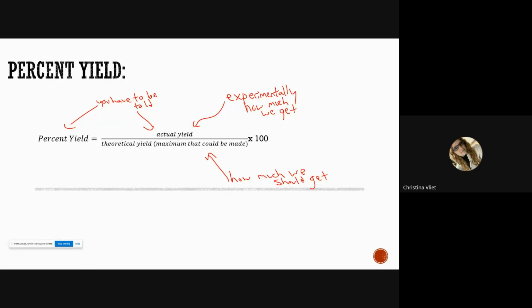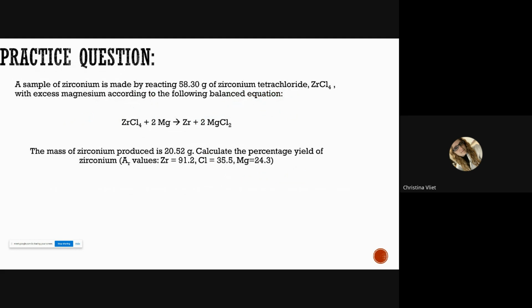So if you're looking for the percent yield, you have to be told the actual yield. What's the actual yield here? Yes. This is the actual yield. They just state it as a fact. This is the amount we got. The amount we got was 20.52. And it asks us to calculate the percentage yield.